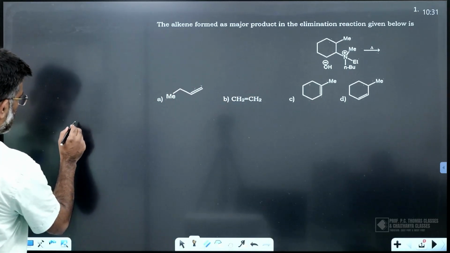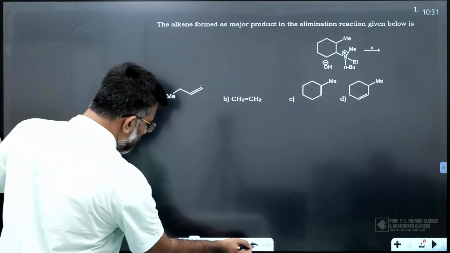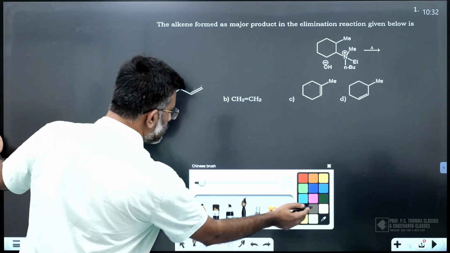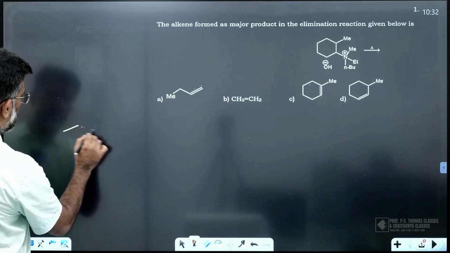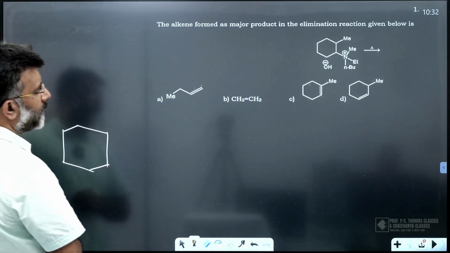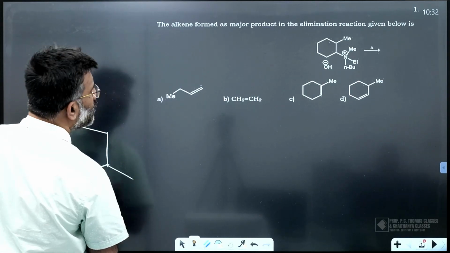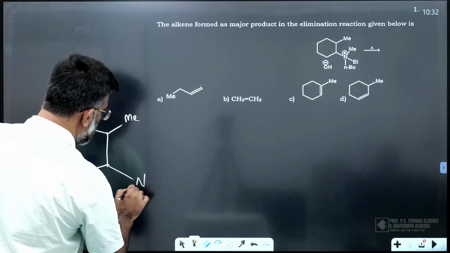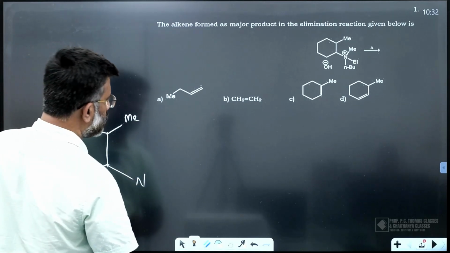Look at the compound, and this example also may be familiar to you. Look at the given molecule. We have a cyclohexane ring, and there is a methyl group given here. Here we have nitrogen, which is the quaternary nitrogen atom.